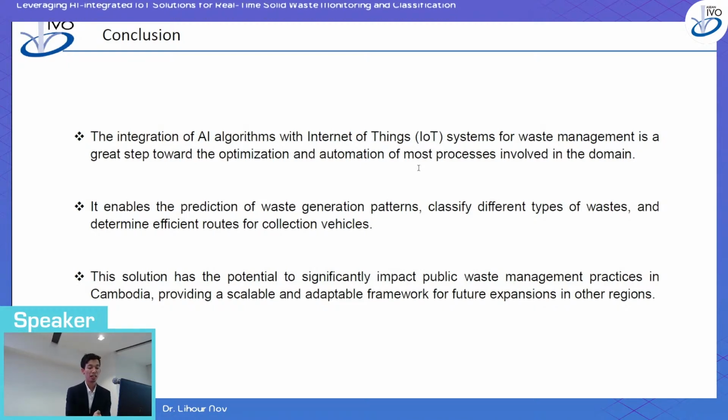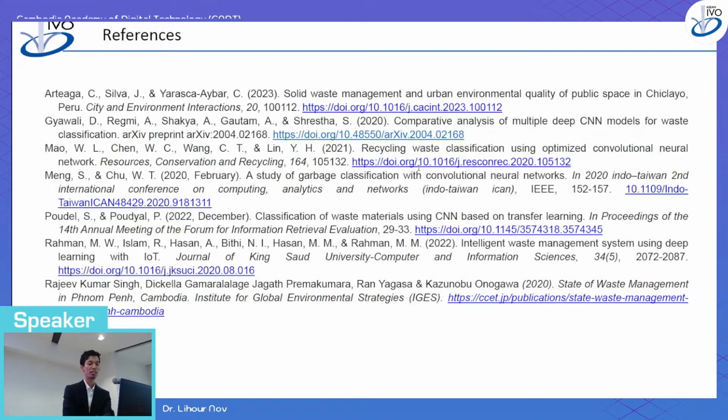The solution has the potential to significantly impact the public aspect, as I mentioned, such as health and cost saving, and also the environmental aspect. So this is the end of my presentation, and thank you for your attention. Thank you again.